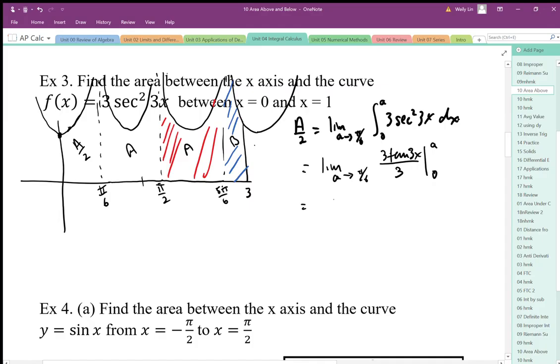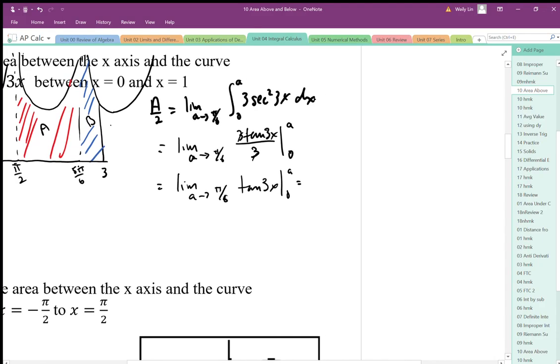So I rewrite this: the limit as A goes to pi over 6 of tan 3x from 0 to A. That works out to be tan of pi over 2 minus tan of 0.